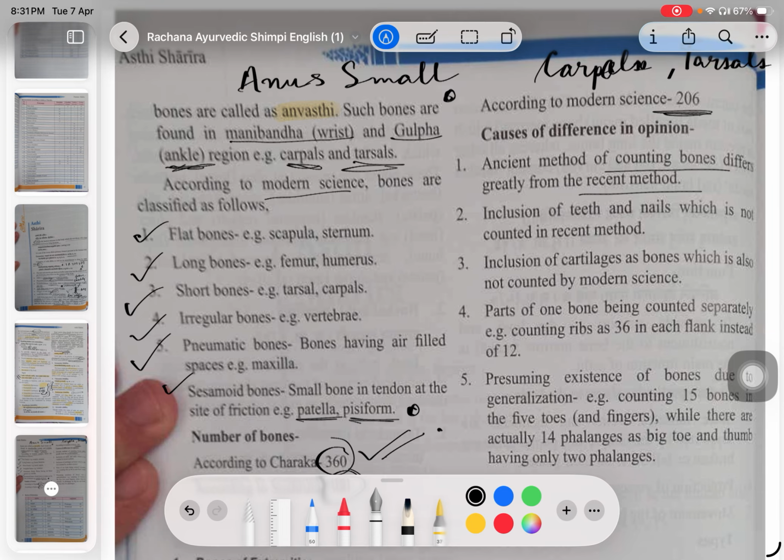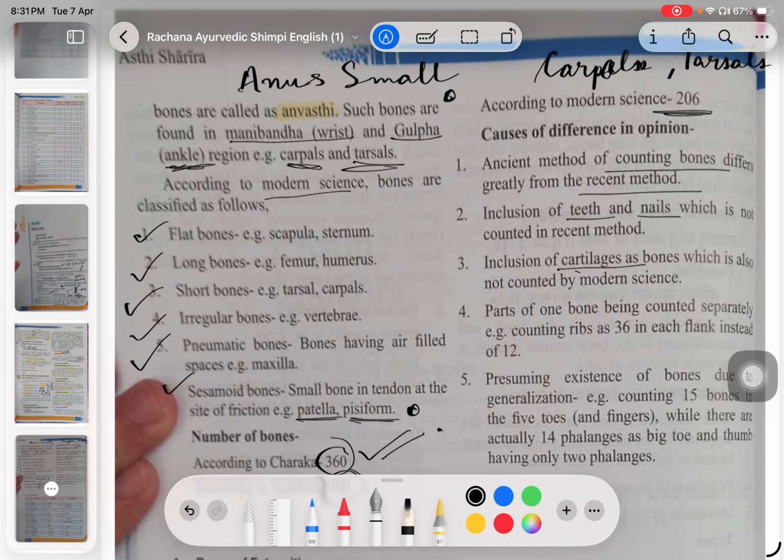They used instruments like the bark of trees, making shapes out of them, the stems and all. So there were different ways of counting as well. We can understand that the resources were different, so the results were a bit different, right? Inclusion of teeth and nails, which are not counted in the recent method, right? Nails and teeth were also counted under Asthi in ancient times, basically.